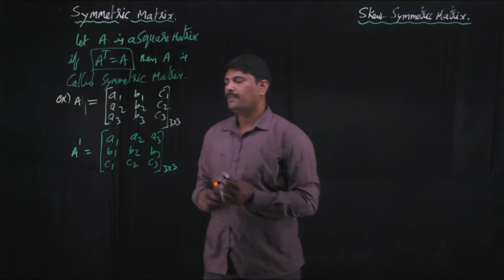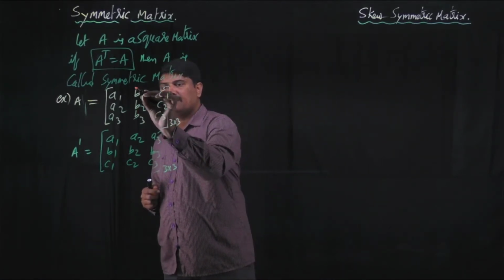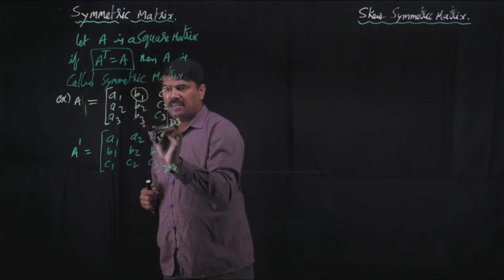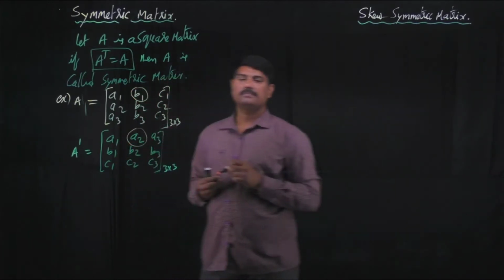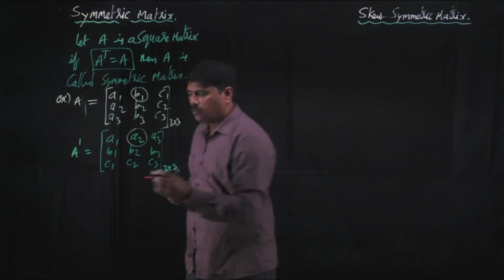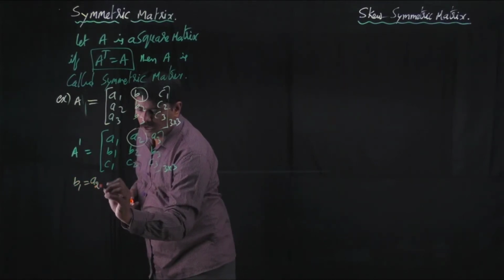Now after transposing, b1 comes to where a2 was, so b1 has to be equal to a2.